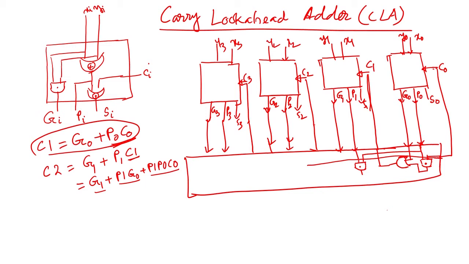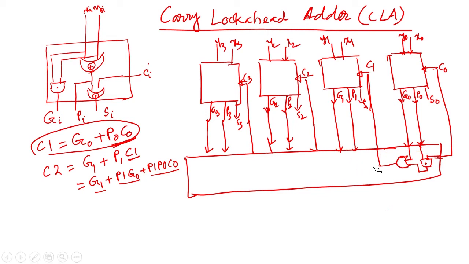So, P1 you have, P0 you should get from here, and P1 P0 C0. Okay. So, P1 P0 and C0, C0 you again have to take here.